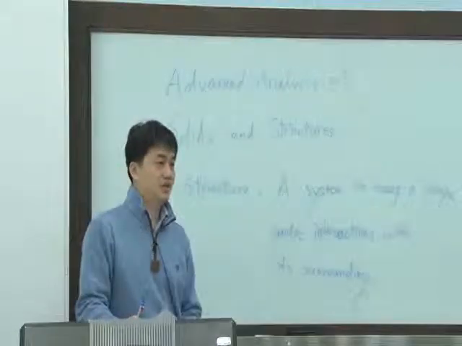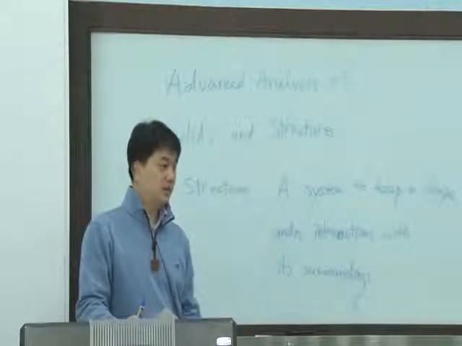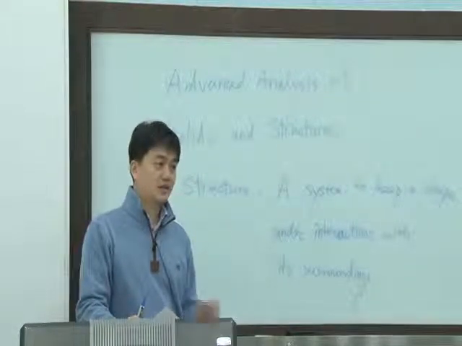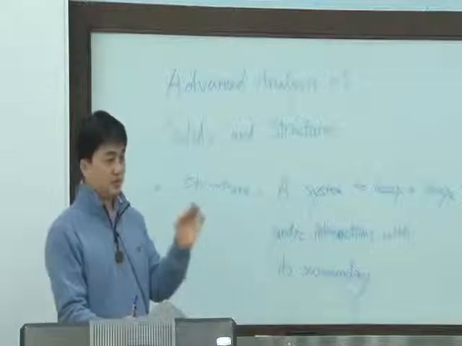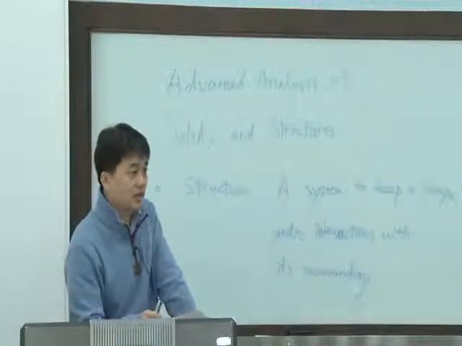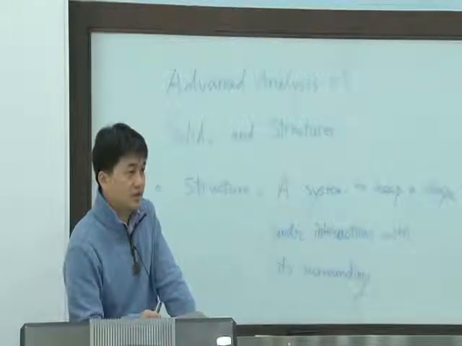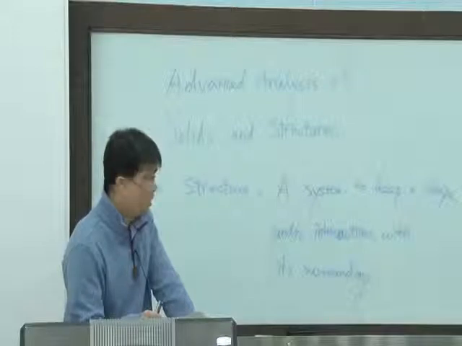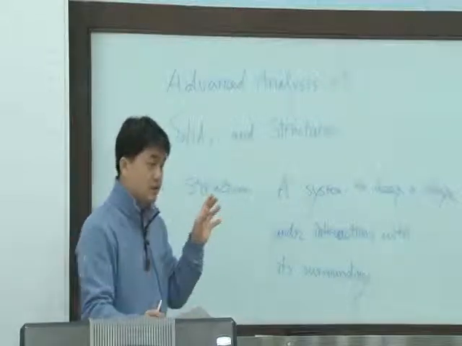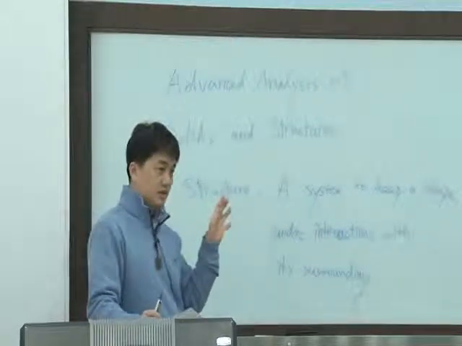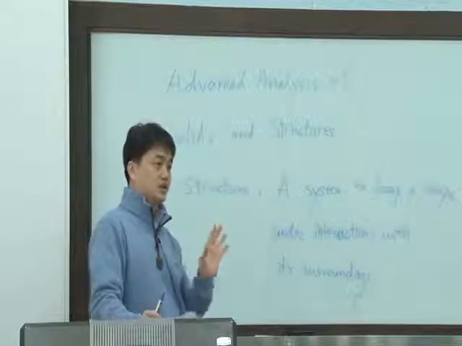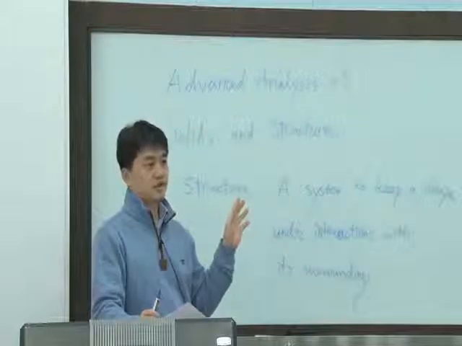Your body, your hair, this building, a cell, from the very tiny thing to the very big thing, the universe, all are structures. They have a shape, and they interact with their surroundings.